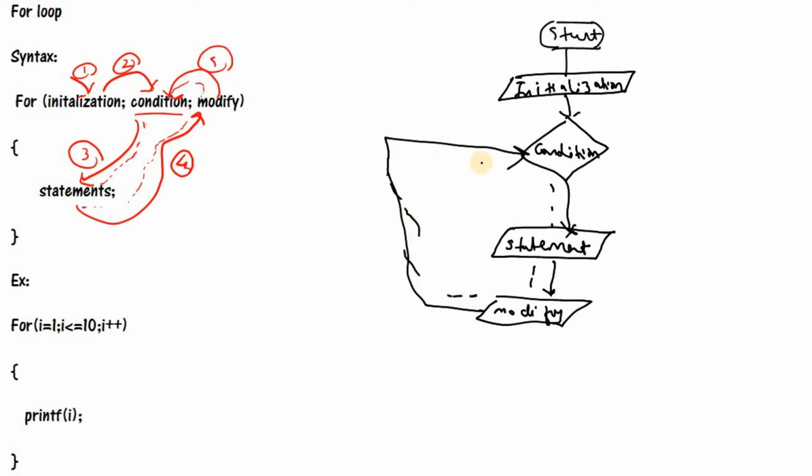So here the for loop will repeat continuously. When does it terminate? Whenever the given condition has failed, then the control comes to the end.